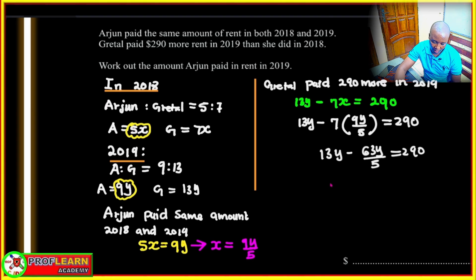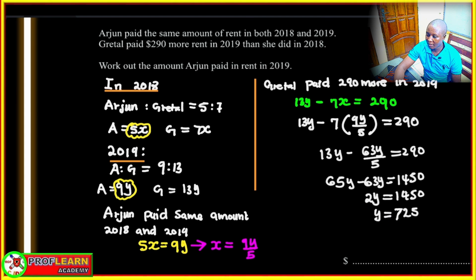If we rearrange, simplify and put the like terms together, that gives us y is equal to 725. And remember, y is the amount of Aljun.